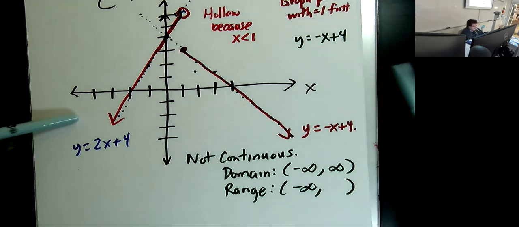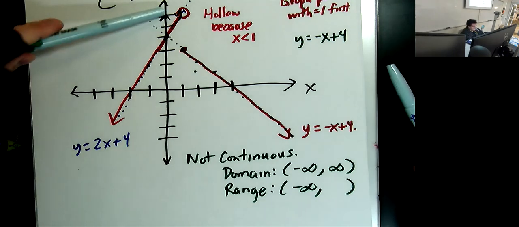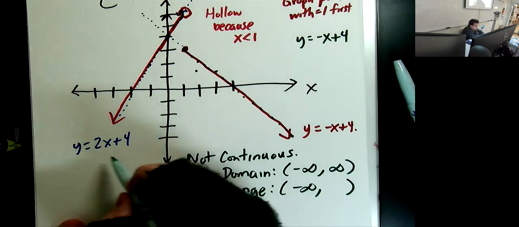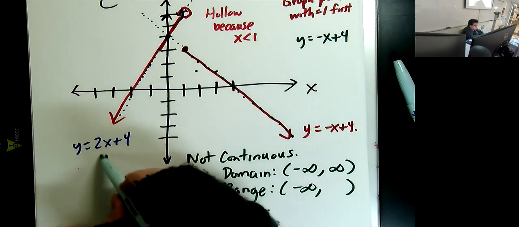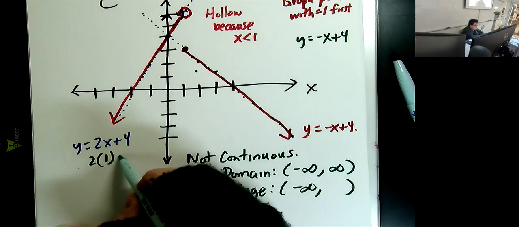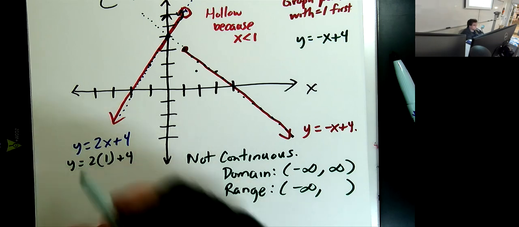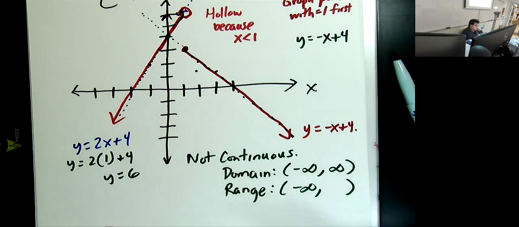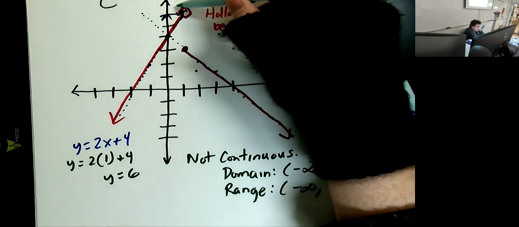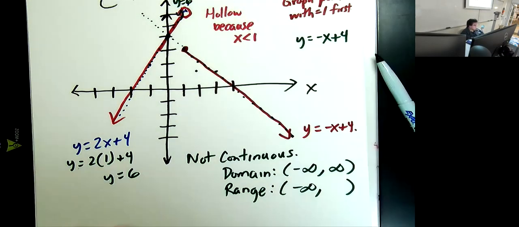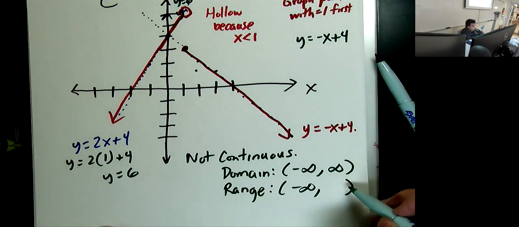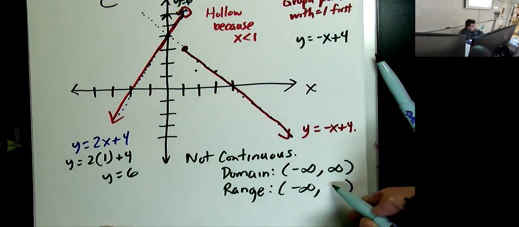Well, it's on that line and it's where x equals 1. I can use that to my advantage. I can stick in x equals 1 right here and see what y value I get. I'm going to get 6. So that is going up to where y equals 6, but it is a hollow circle there. It doesn't actually hit the 6. So instead of having a bracket, we will have parentheses, but it only goes up to 6.